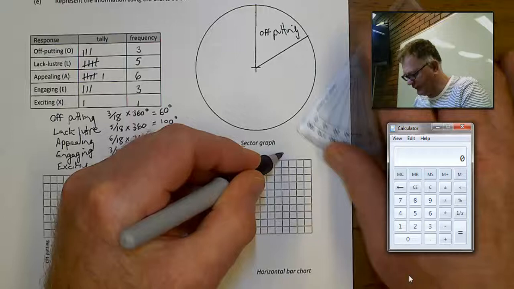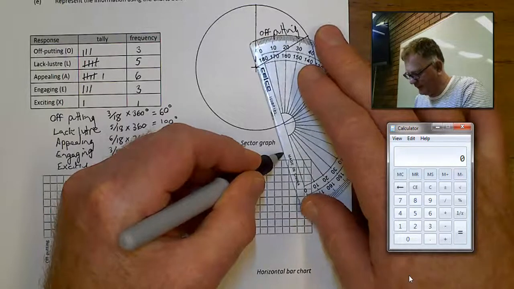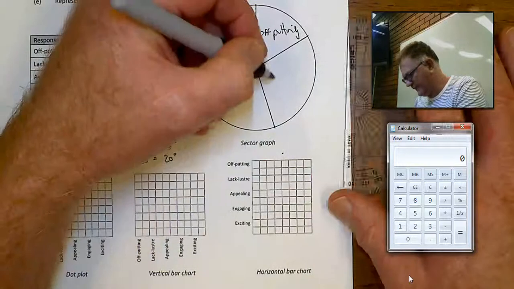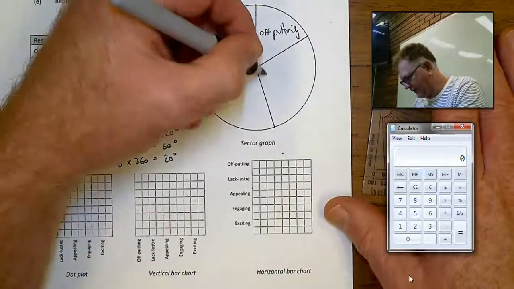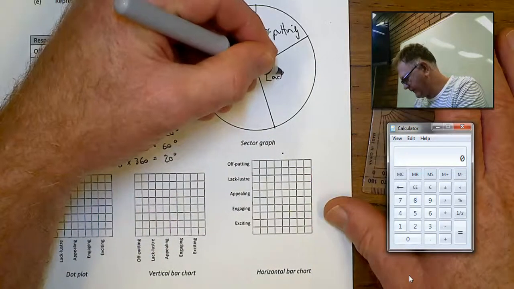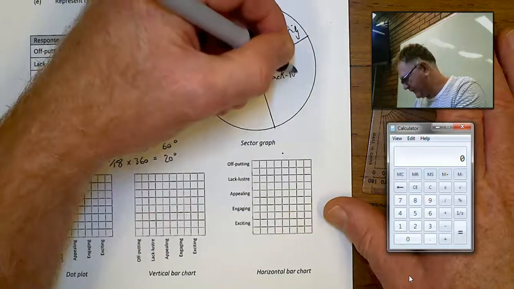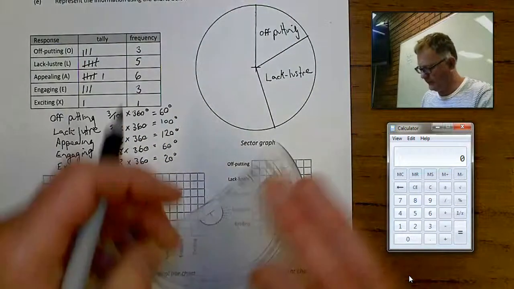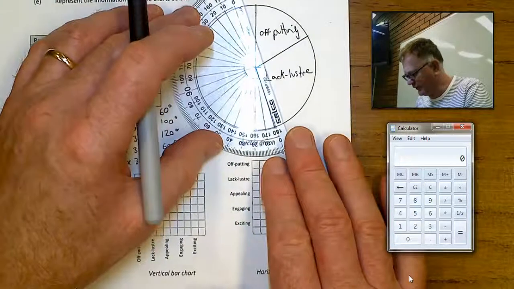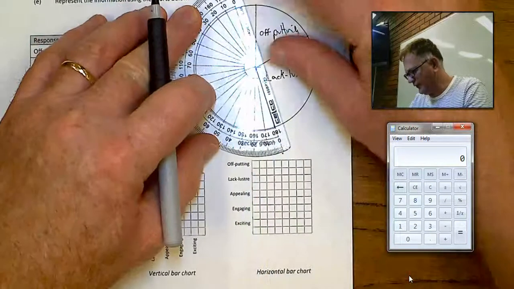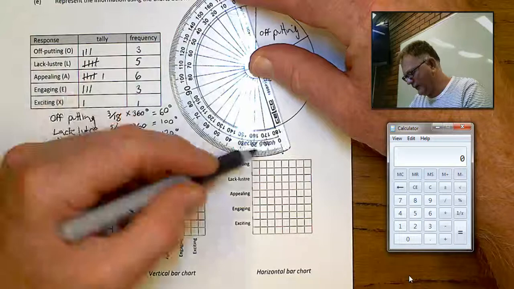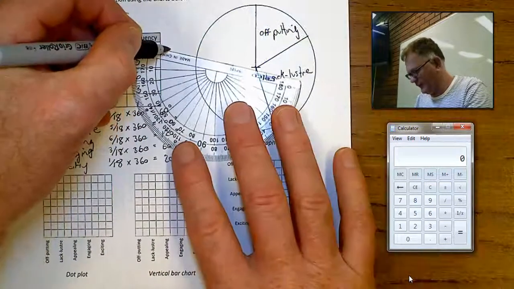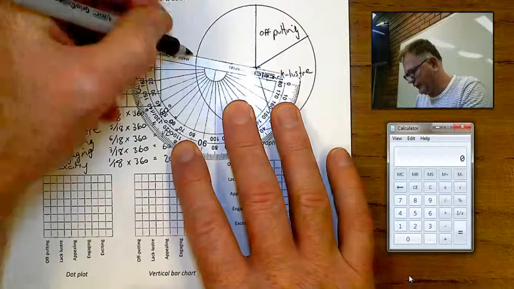Put a little dot on the 100 degrees, and we're going to mark into the centre of the circle again for lackluster. 120 degrees, so centre in the centre, and the 0 line out here, and we'll measure around to 120, put a dot out there, and we're going to connect from the dot to the centre of the circle.